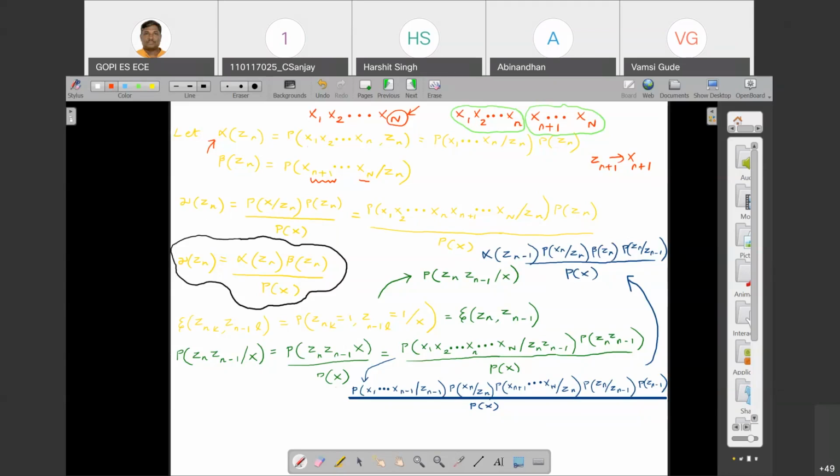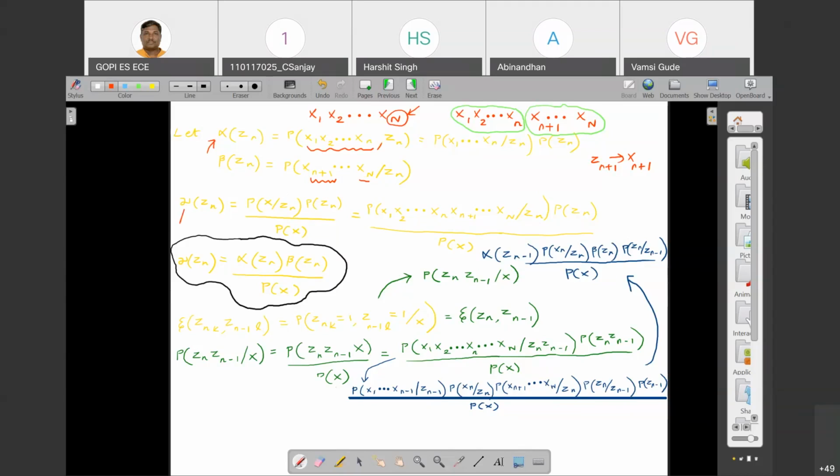Beta, in that case, is the probability of xn plus 1, starting with n plus 1 and going all the way up to xN, given Zn. And remember, for the joint here, it is not given. There are reasons why, because I want to write this gamma in terms of alpha and beta.